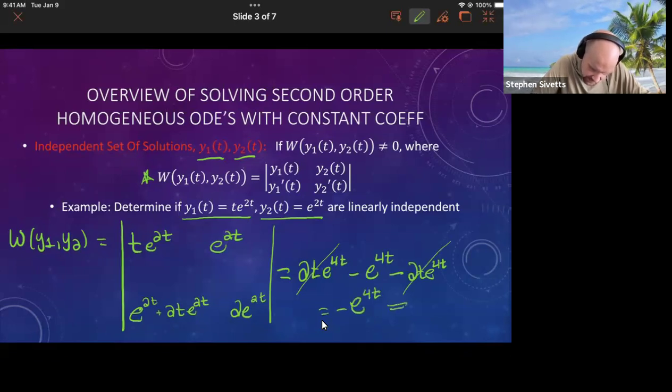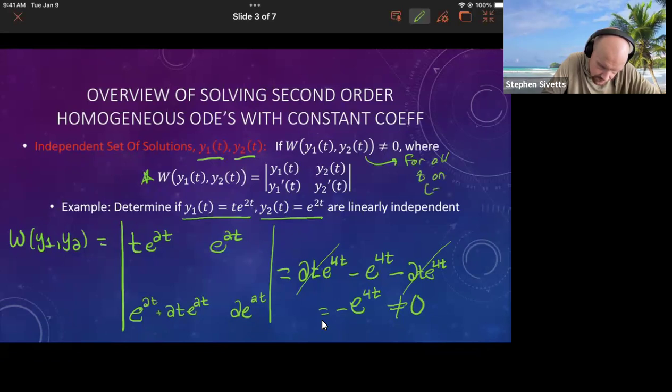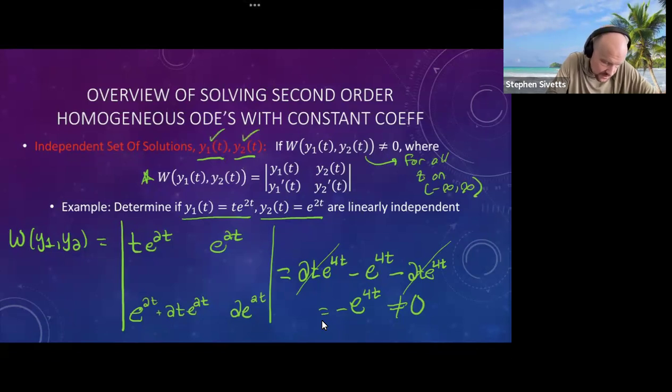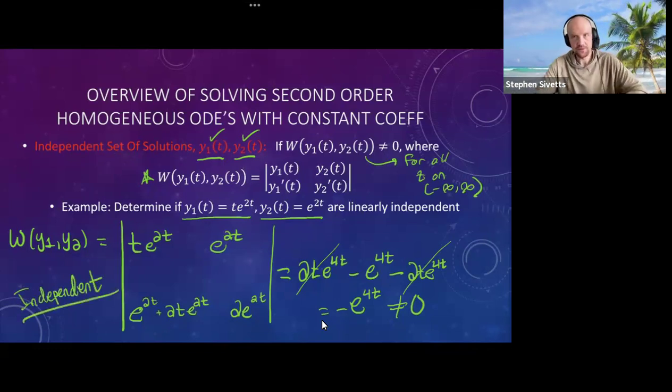Now, this function is never zero. We have to show that this Wronskian is not zero for all t on the entire real line in this case. Since the exponential function is never zero, we can say that y1 of t and y2 of t are in fact independent. They're an independent set of solutions.